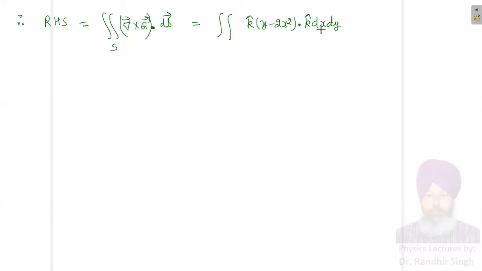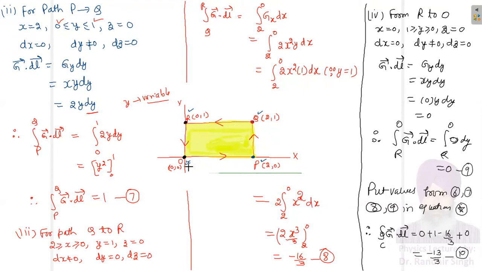Now since this is dx and dy, the first integration should have limits of x. If I draw any closed surface here or here or here, these are not closed surfaces, these are elementary surfaces which are open.